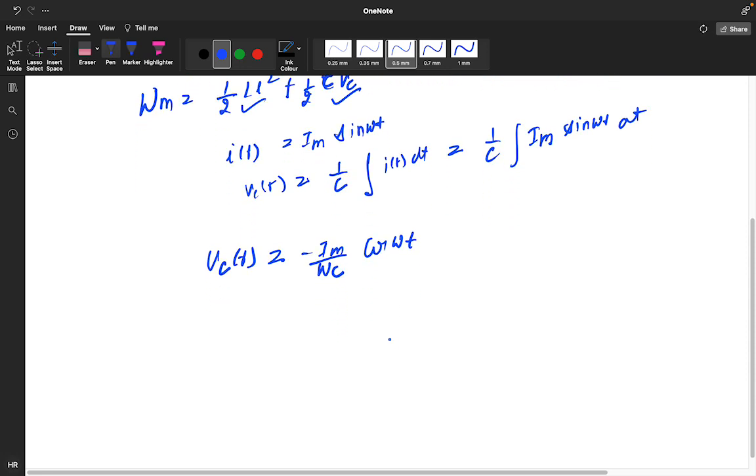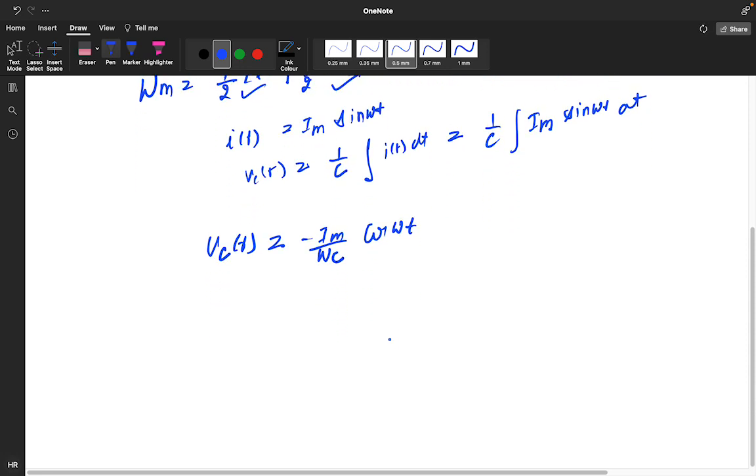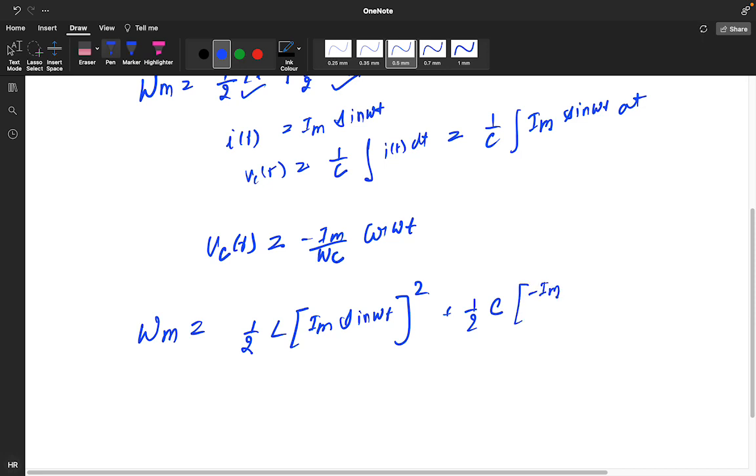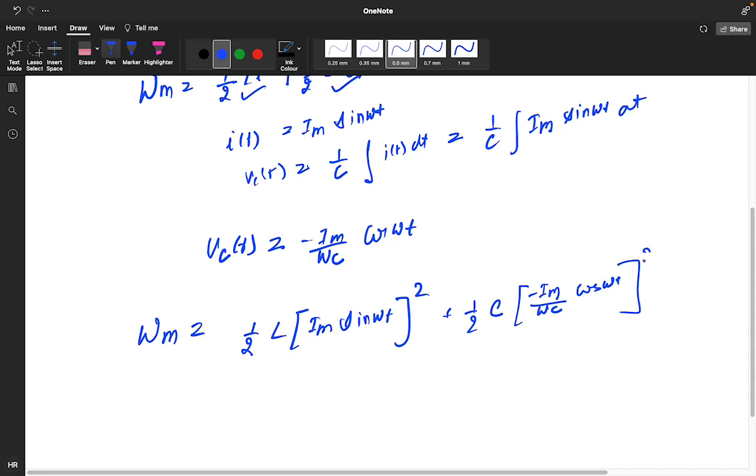So energy is stored, and you need to find the maximum energy stored. So half L, Im sine omega t the whole square, plus half C, minus Im by omega C cos omega t the whole square.